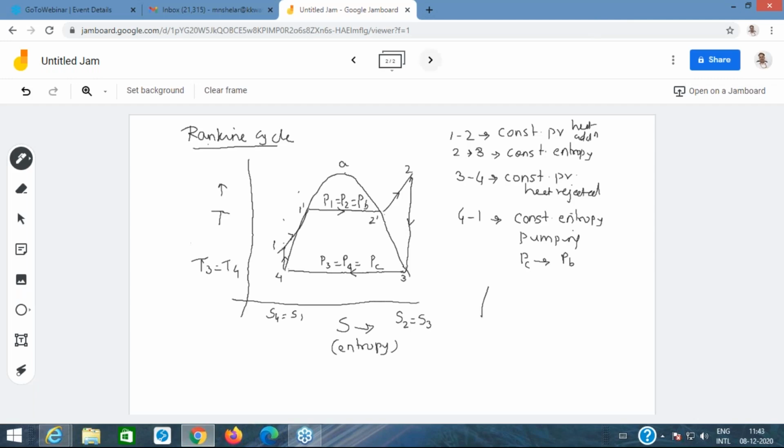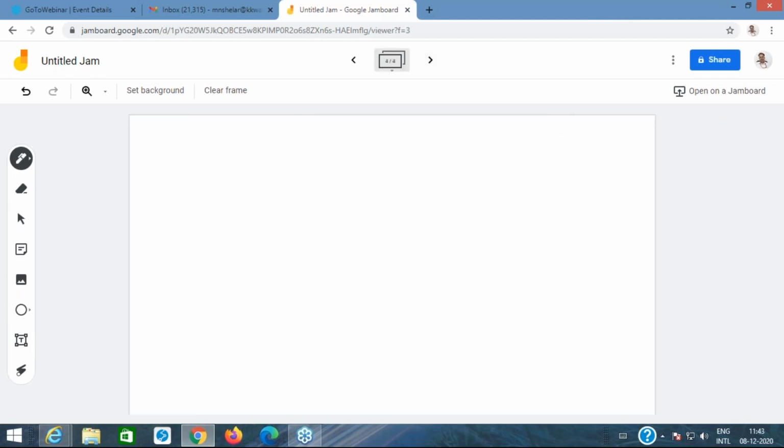I'll use another slide. Enthalpy entropy diagram. Just a minute.